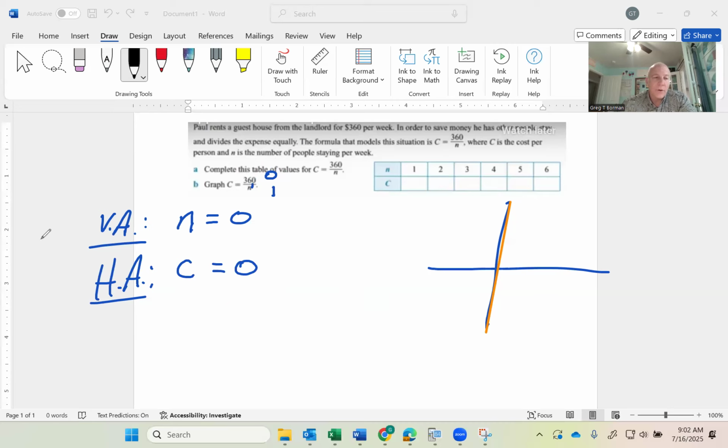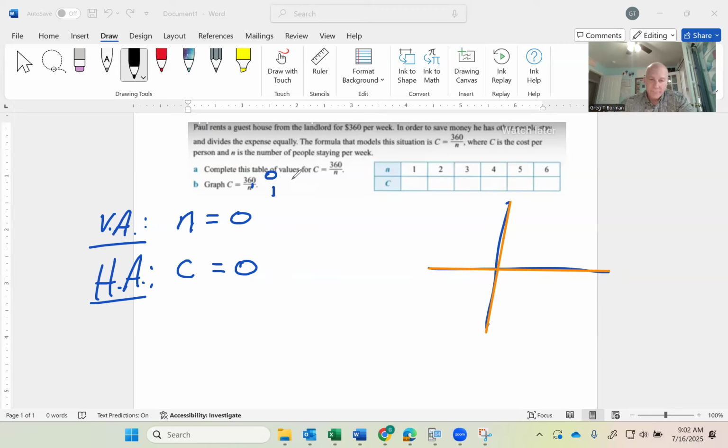In other words, it will just be the x-axis, the line y equals zero.